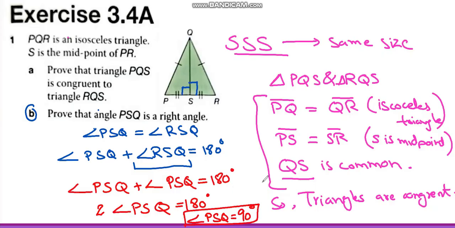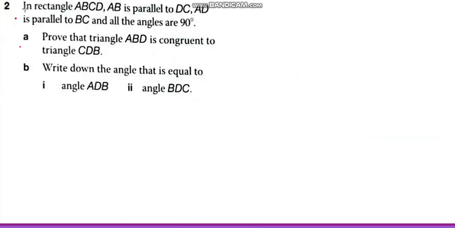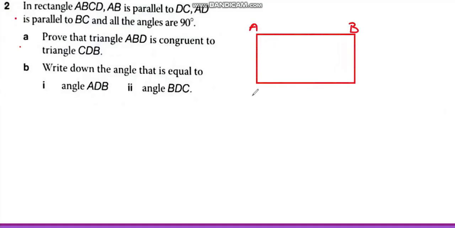Now let's proceed to the next question. In question number 2, it says in rectangle ABCD, AB is parallel to DC and AD is parallel to BC and all angles are 90 degrees. So let's make a rectangle and write the names, like this can be AB and this can be CD.